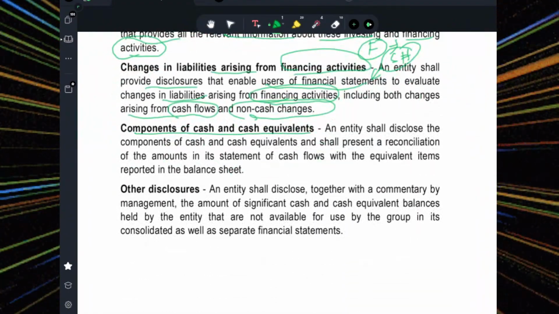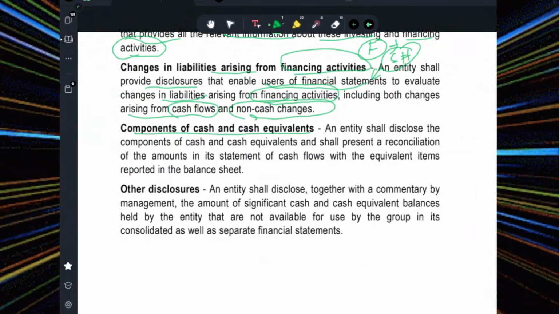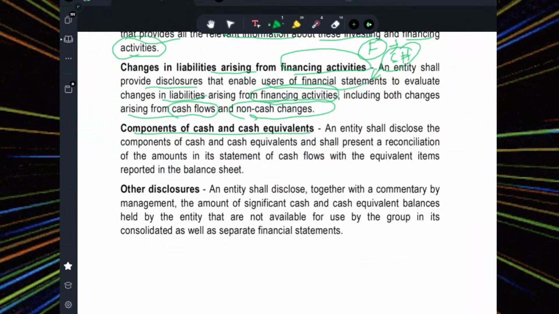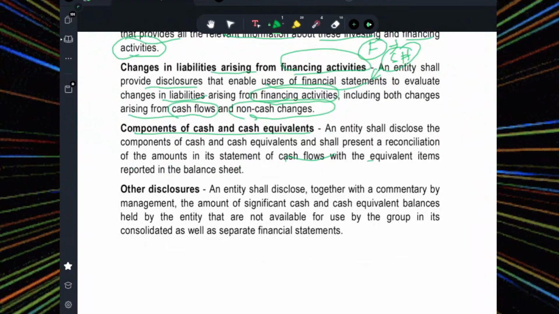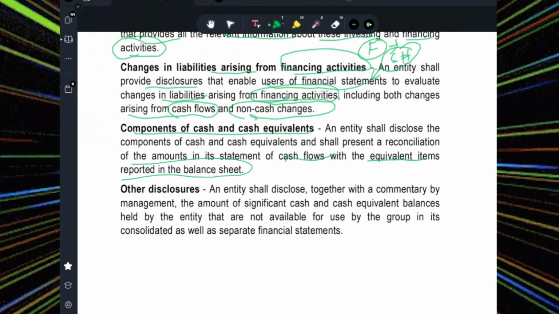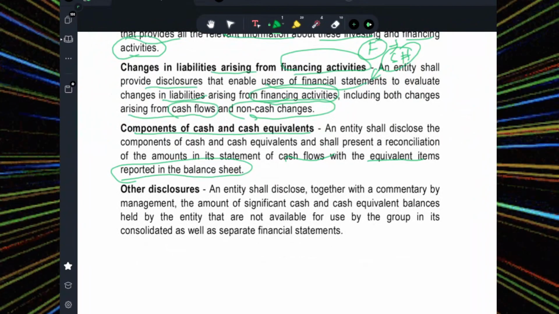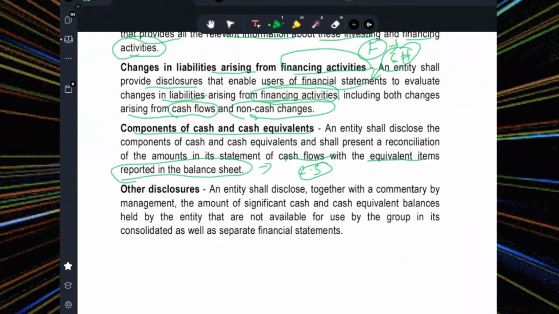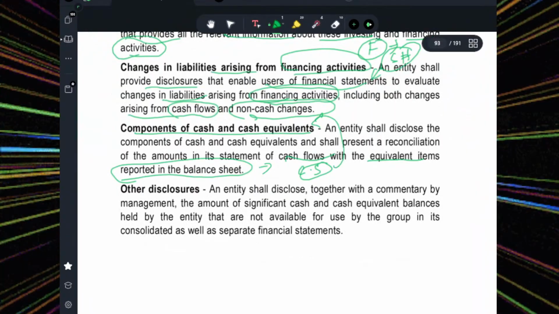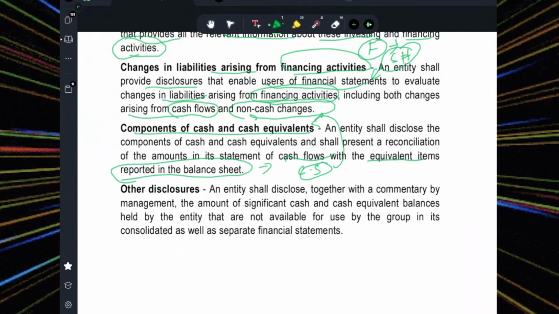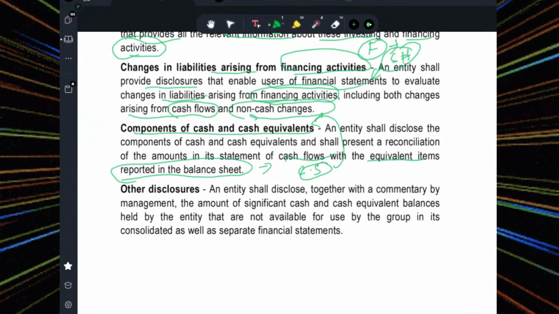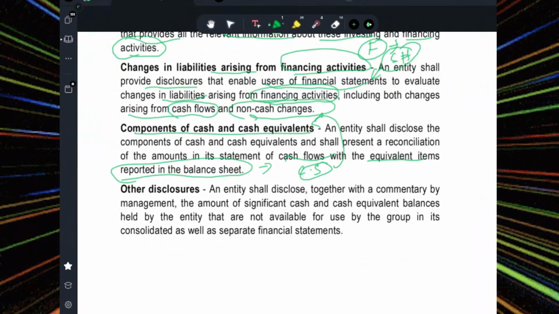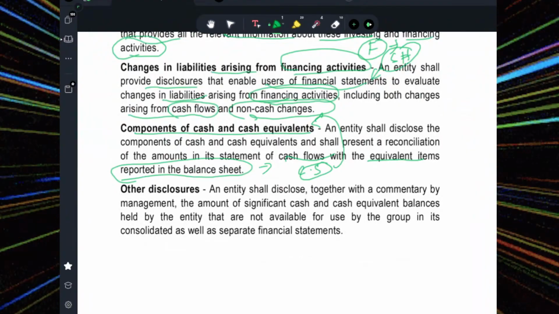The component of cash and cash equivalents. The entity shall disclose the components of cash and cash equivalents and shall present a reconciliation of the amounts in the statement of cash flow with the equivalent items reported in the balance sheet. In the balance sheet, you say cash and cash equivalent. That cash and cash equivalent should match with this cash flow. So whatever you disclose in the cash and cash equivalent should be reconciled with the cash and cash equivalent in the balance sheet.